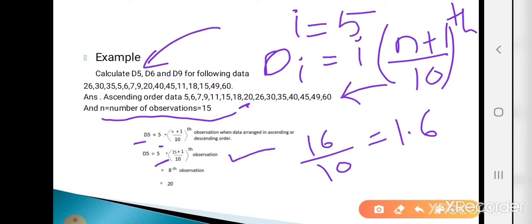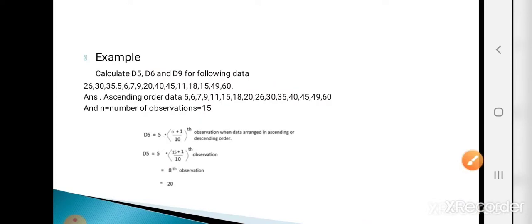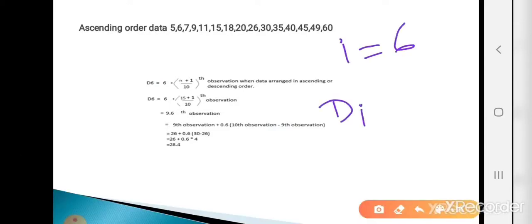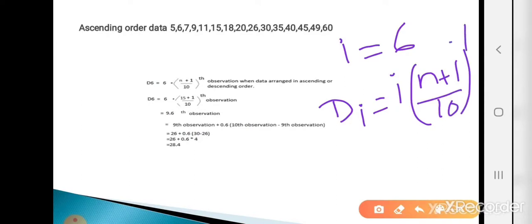Okay, now see how to find D6, that is the 6th decile. For finding D6, put i equal to 6 in the formula. What is the formula for finding the deciles? Di is equal to i times (n plus 1) divided by 10th observation when data is arranged in ascending or descending order. Put i equal to 6.